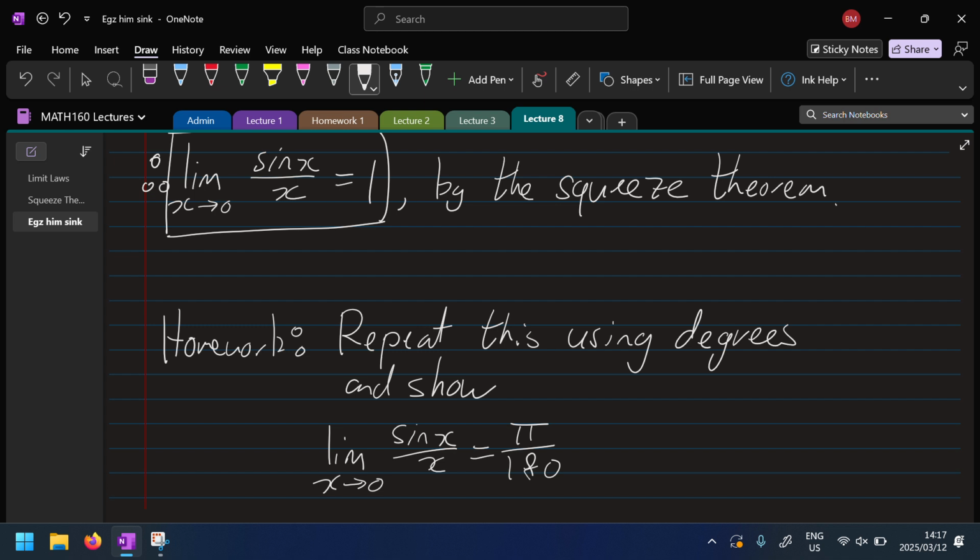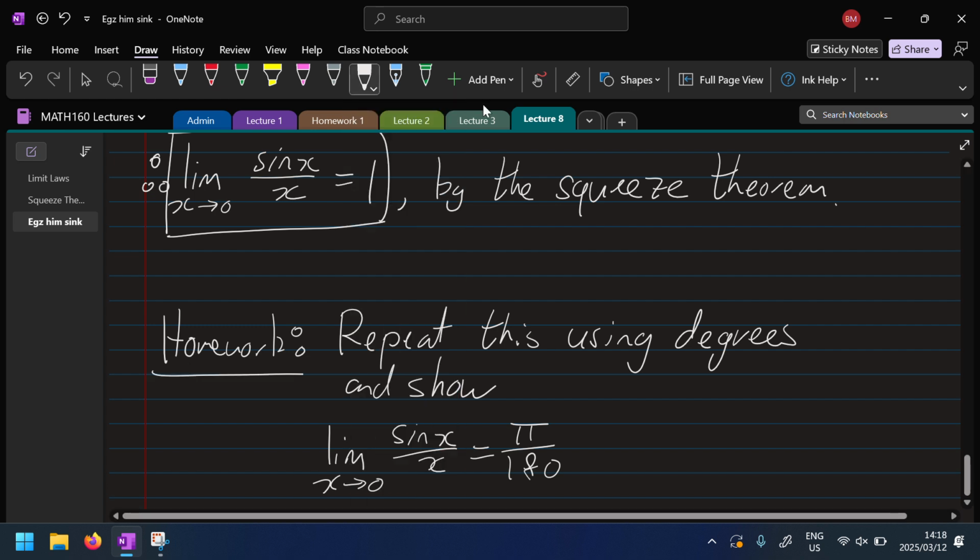Okay, that's a horrible number. We don't want pi over 180. It's much better having it being 1. If you use radians, the answer is 1. If you use degrees, the answer is pi over 180, but we don't want that. Okay, homework, try that out with degrees.